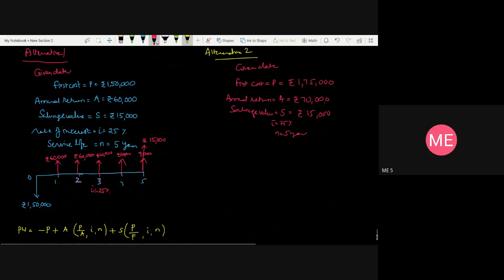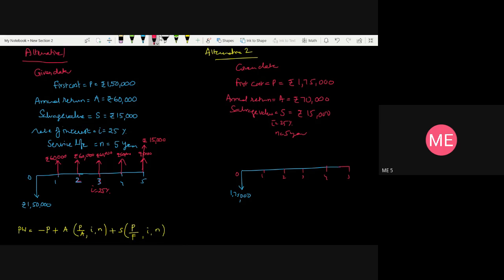Then we'll go for drawing the cash flow diagram. So this is the initial cost, 1,75,000. Then we have the annuity, 0, 1, 2, 3, 4, then 5. At the end of every year, we have the revenue of rupees 70,000.